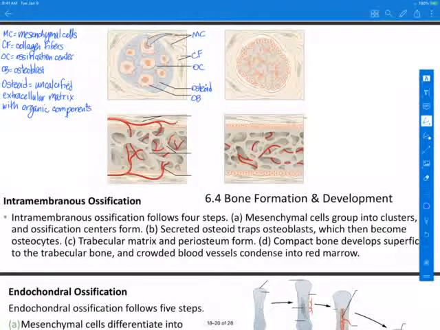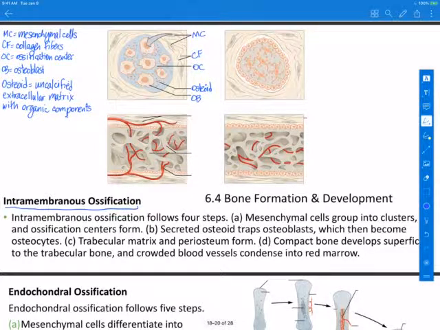And so we're going to start off talking about two ways that bones develop, or two ways that we develop our skeleton when we're in the womb going through pre-birth development. There are basically two ways that we can make our skeleton. One of them is intramembranous ossification. Intra is within, membranous refers to a membrane, and ossification is bone formation. So it's basically within a membrane bone formation.